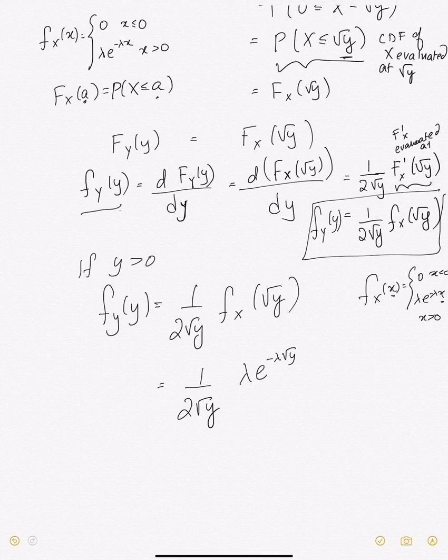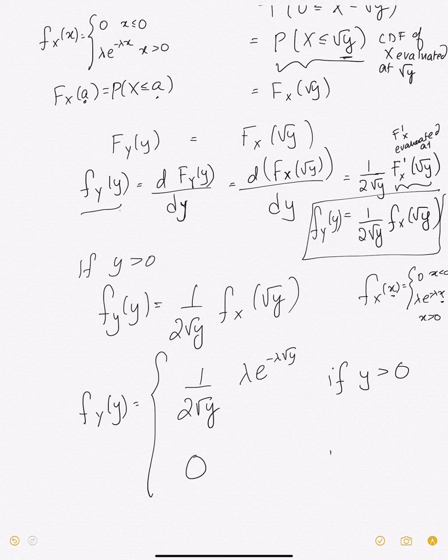So the probability density function of Y, let me write this with more space, is this if y is bigger than 0, and it is 0 if y is less than or equal to 0. Okay, so there you go.